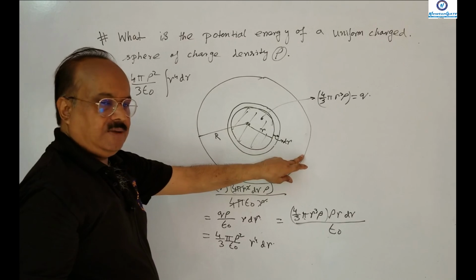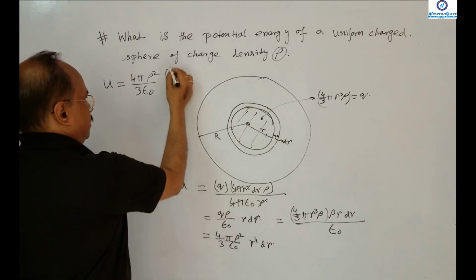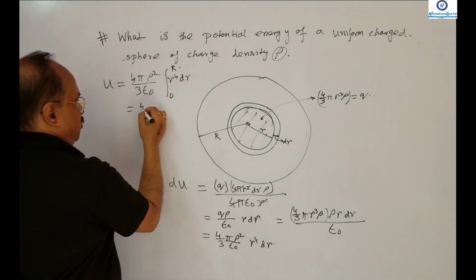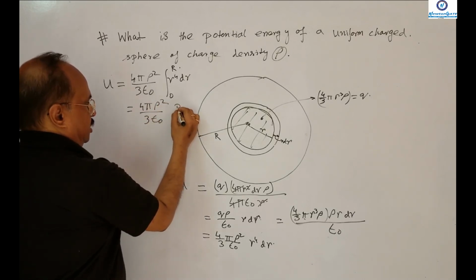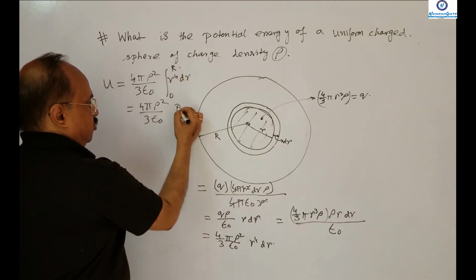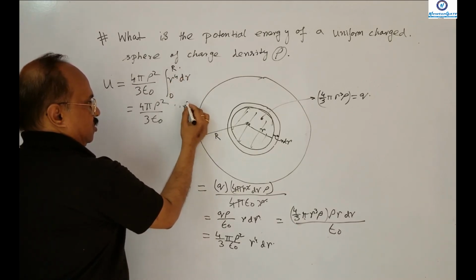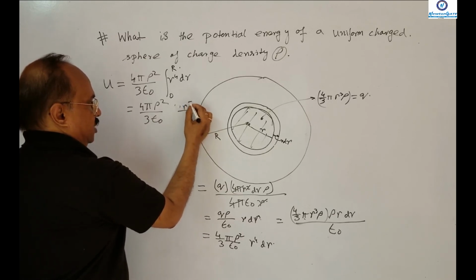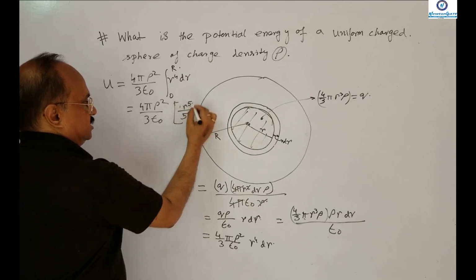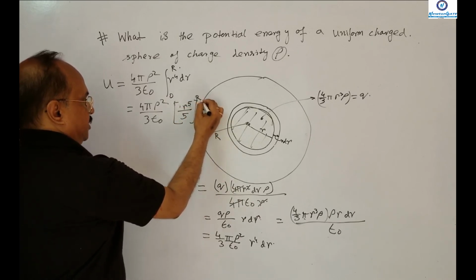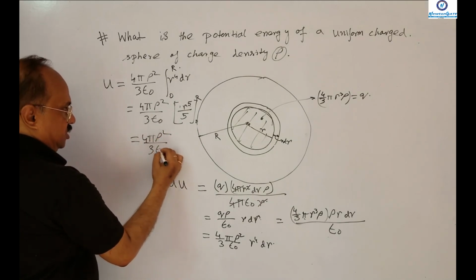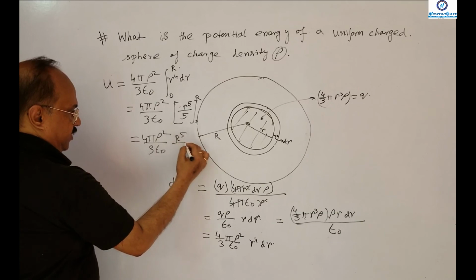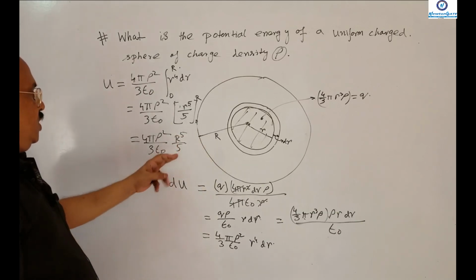From 0 to capital R. So it will be 4 pi rho square by 3 epsilon naught, times r to the power 5 by 5, evaluated from 0 to capital R. That means it will be equal to 4 pi rho square by 3 epsilon naught, times R to the power 5 by 5. This is our total energy of the system.